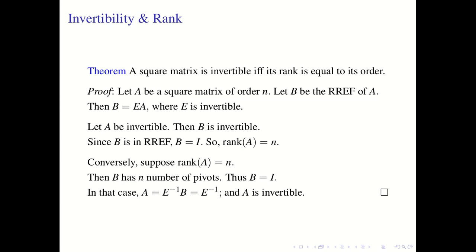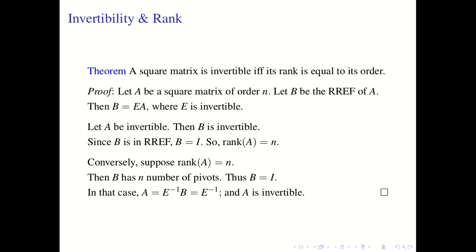But now B is in row reduced echelon form and B is invertible. So the previous observation says that B has to be equal to identity, which means rank of A is n, because A is equal to E inverse, and in E inverse there cannot be any zero rows. Therefore the number of pivots in A is equal to number of pivots in E inverse, which is n.